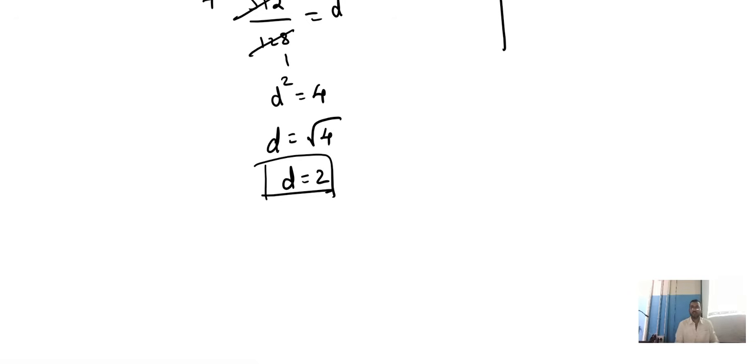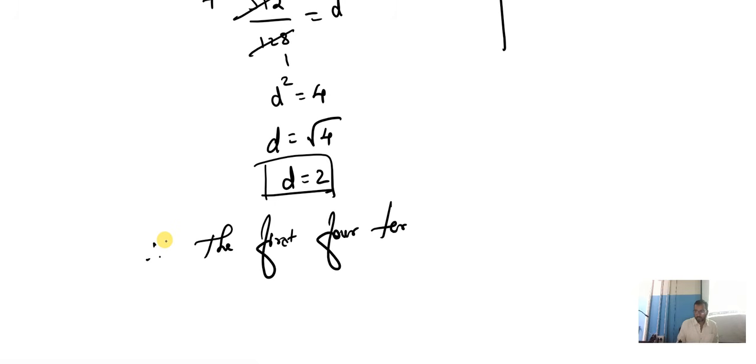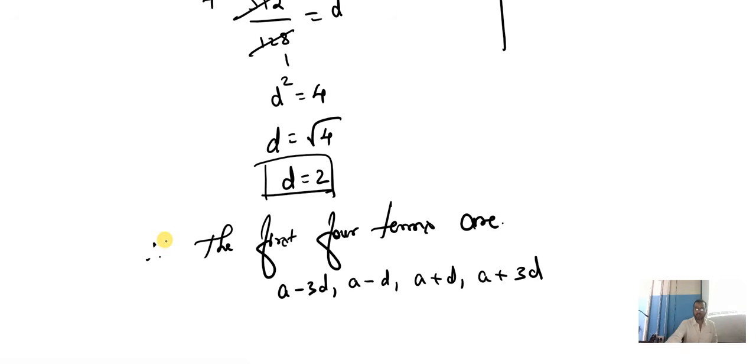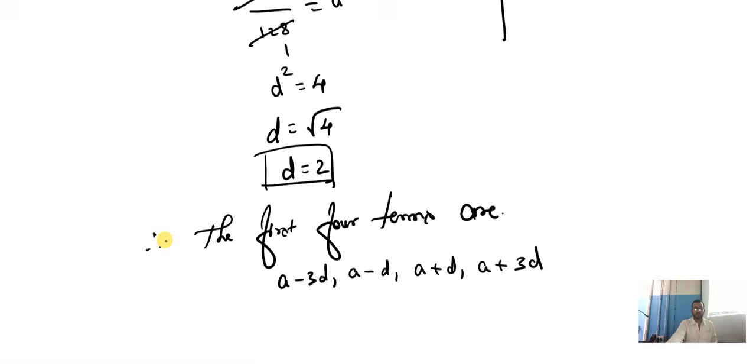Yeah, we got A and D. Now we can write therefore the first 4 terms are A minus 3D, A minus D, A plus D, A plus 3D. Now we just need to substitute this value.